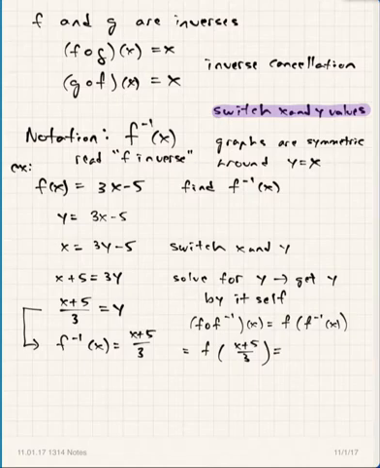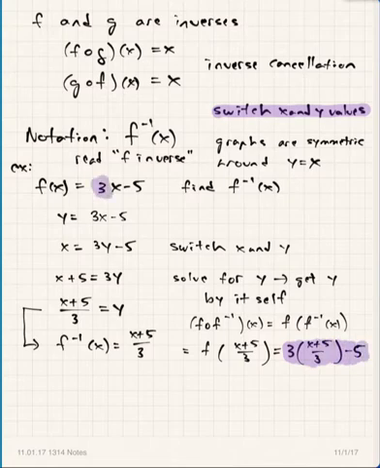And this says go to the function f. In every place I see an x, I drop in this x plus 5 over 3. Remember, this expression comes from the fact that f is defined to be 3x minus 5.